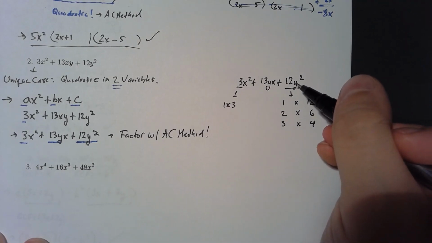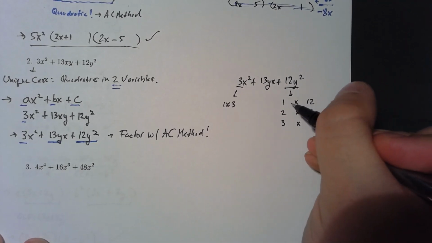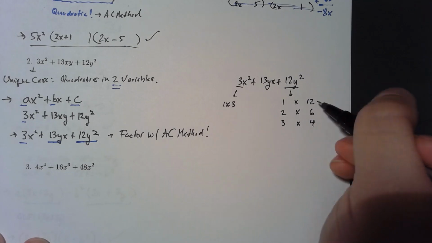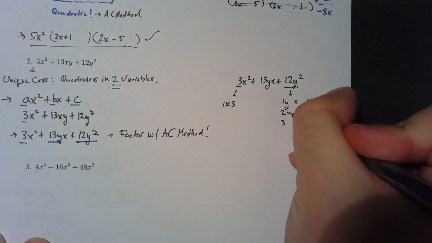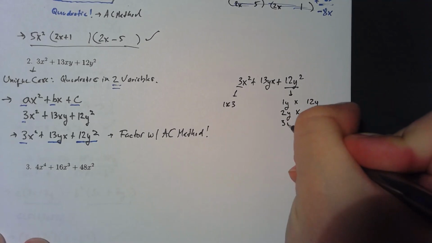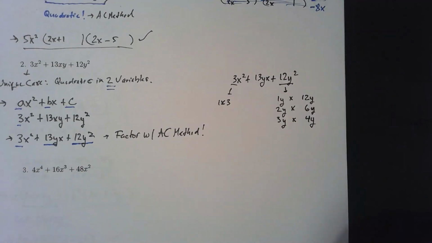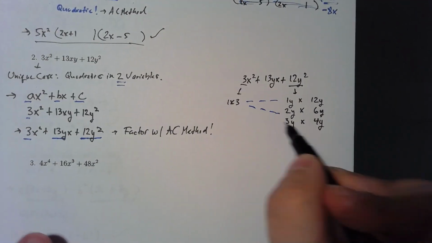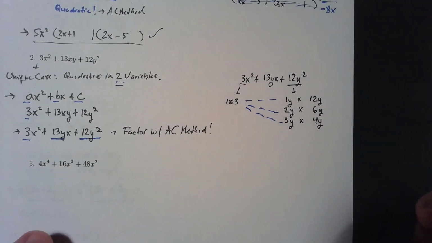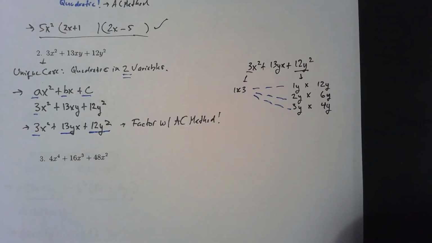Now, because this contains a y squared, they both need to have a y, because a y times a y will give me a y squared. So this is 1y and 12y, 2y and 6y, 3y and 4y. So I have 3 pairs, so I have 6 total factors to consider here.